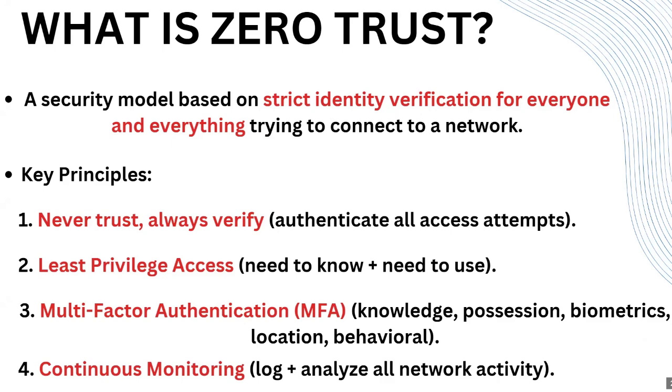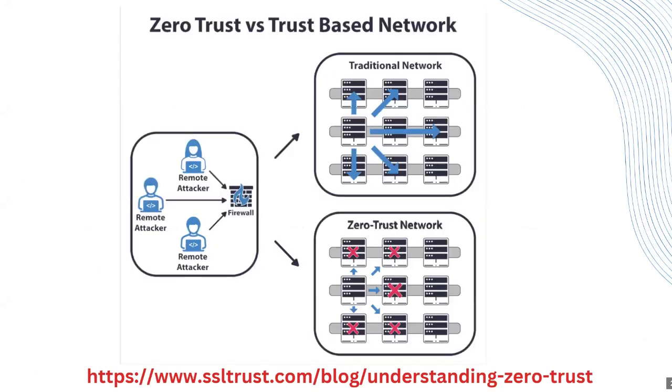So in our traditional network, you can see here in this diagram, we have the remote attackers, right? Just a moment. So yeah, you have here your remote attackers, these guys over here.